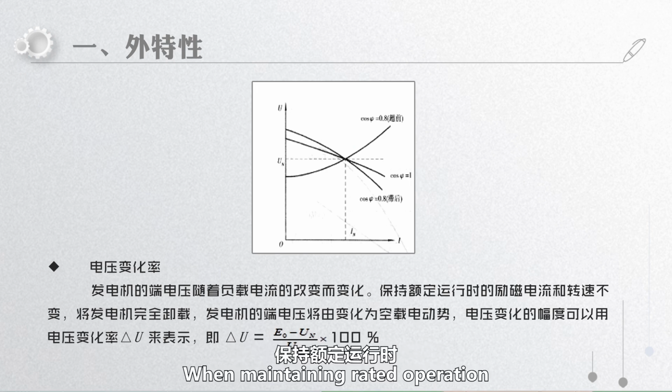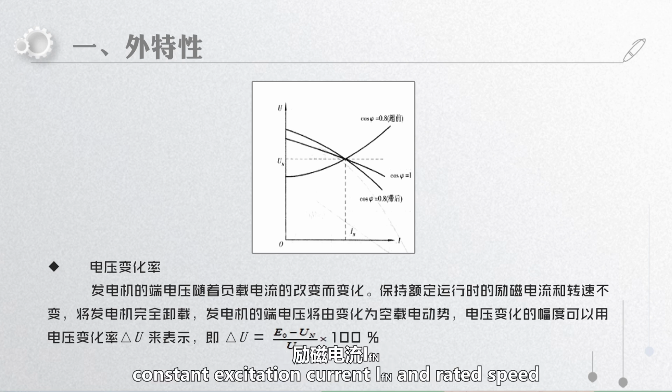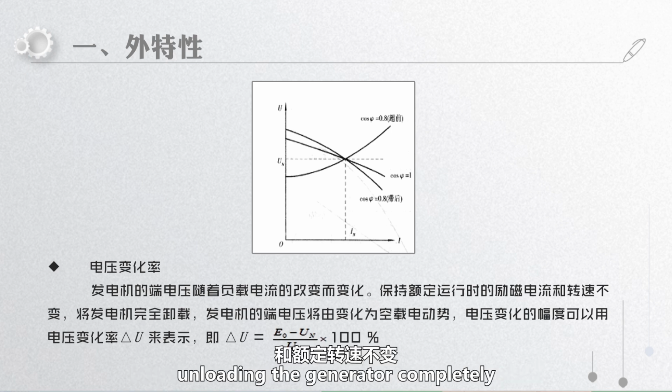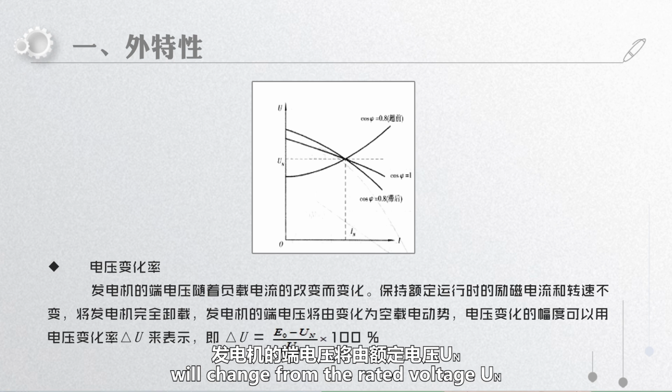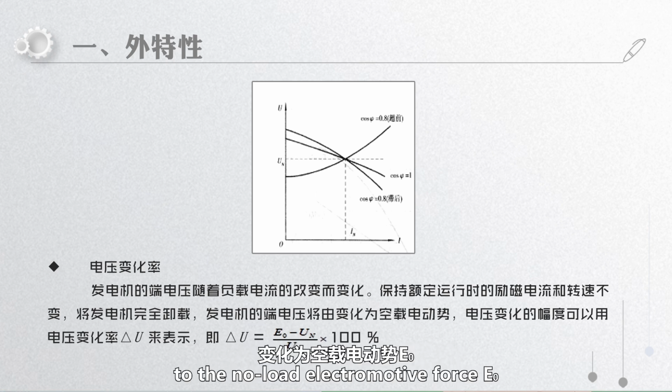When maintaining rated operation, constant excitation current I sub Fn and rated speed, unloading the generator completely, the terminal voltage of the generator will change from the rated voltage Un to the no-load electromotive force E0.